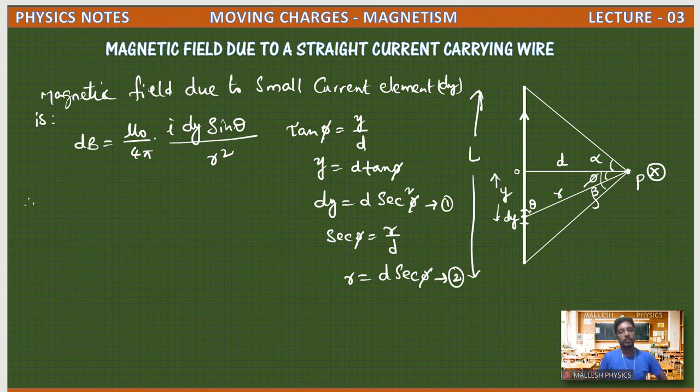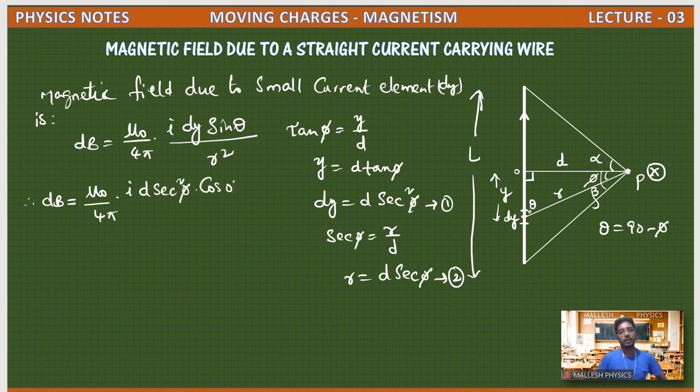Now sin theta is sin of 90 minus phi, because this angle is 90, and theta and phi sum to 90 degrees. So theta is equal to 90 minus phi, and sin 90 minus phi is cos phi.